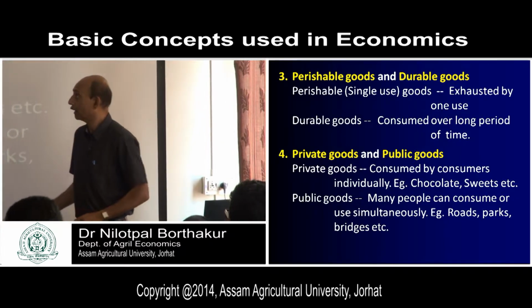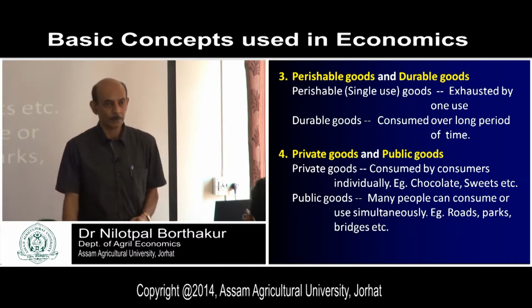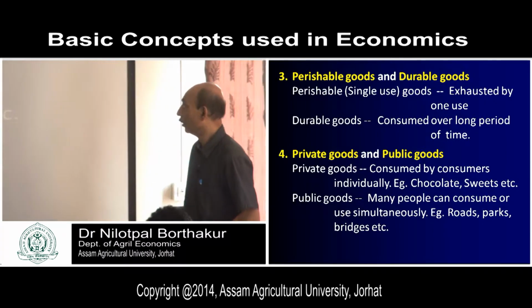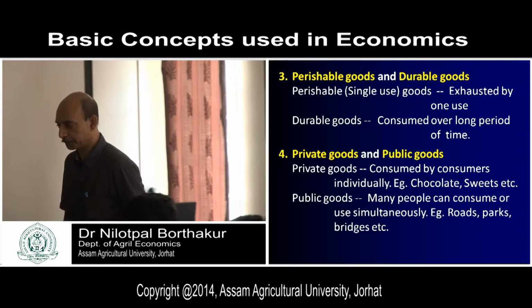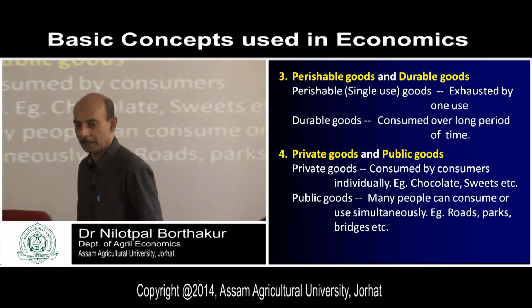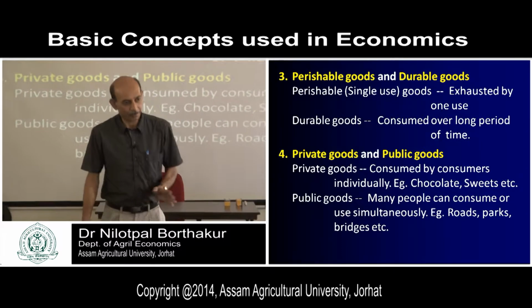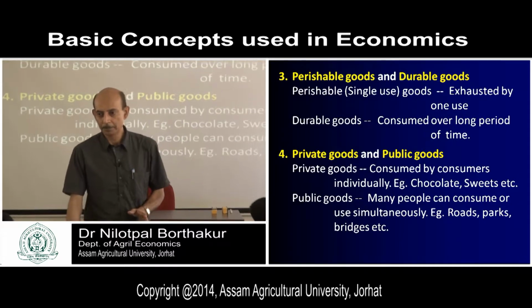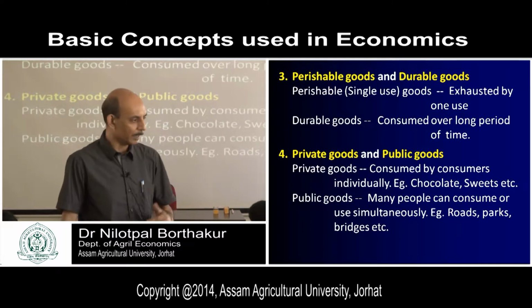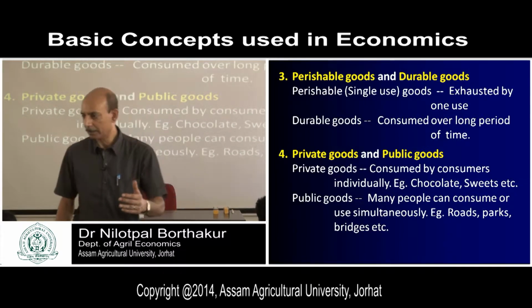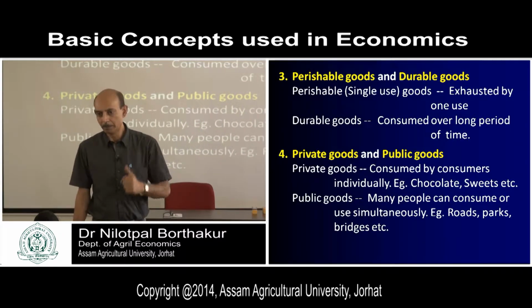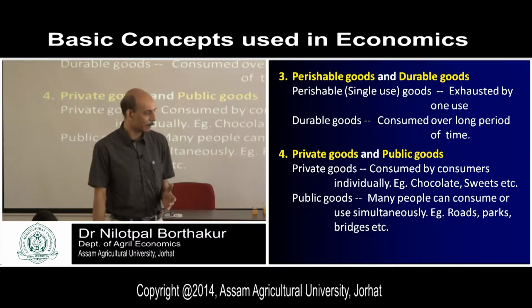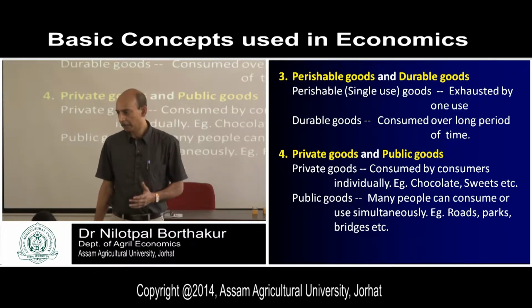Then perishable goods and durable goods. The goods which are exhausted after single use, one-time use, are perishable goods. And goods we can use for quite a longer time are durable goods. All chairs, tables, buildings.